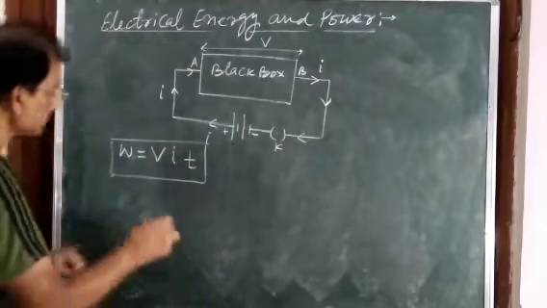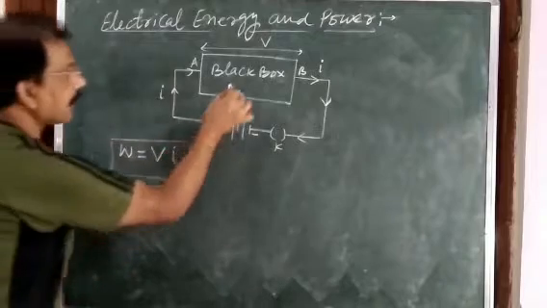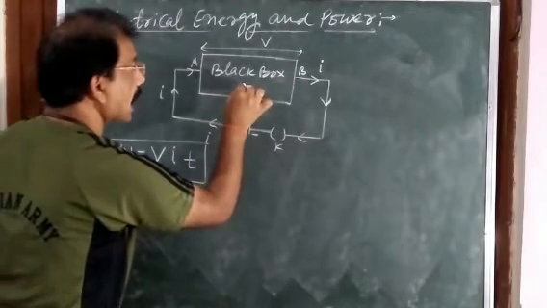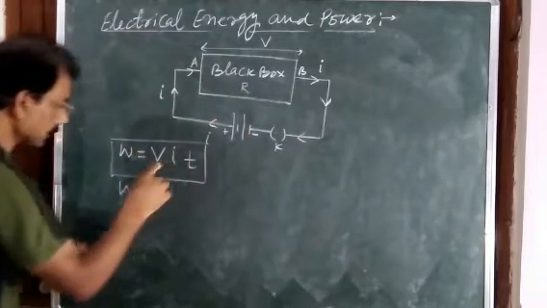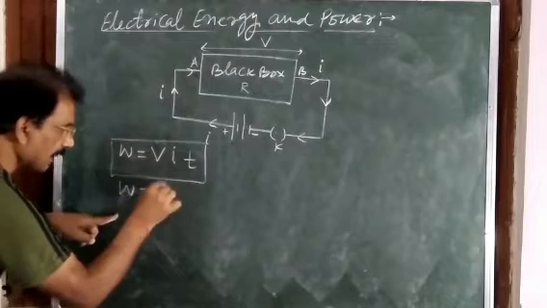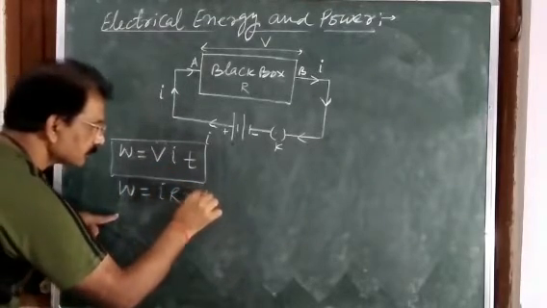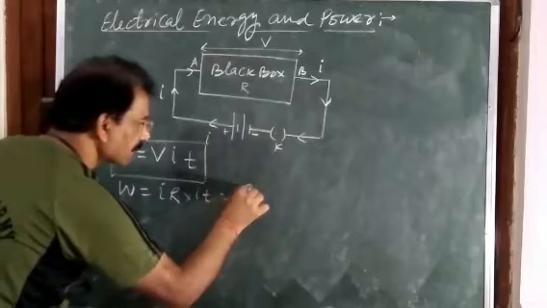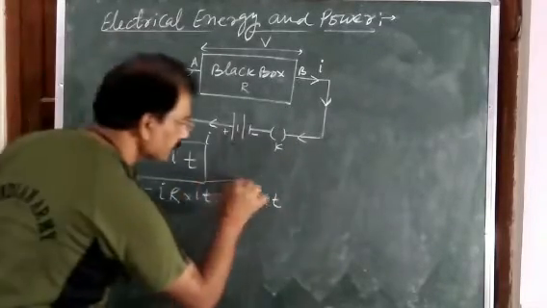So the electrical energy we can calculate: suppose any resistor R. When you take a resistor R inside here, then in place of V by Ohm's law you can write IR, and here already IT. So you can write this as I square RT.